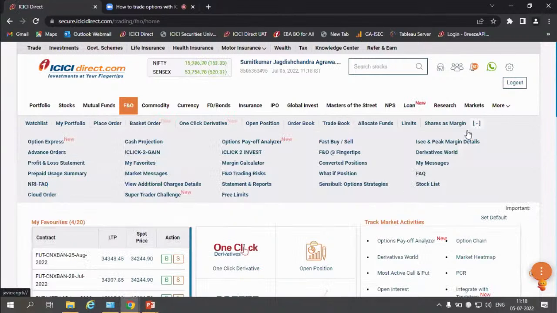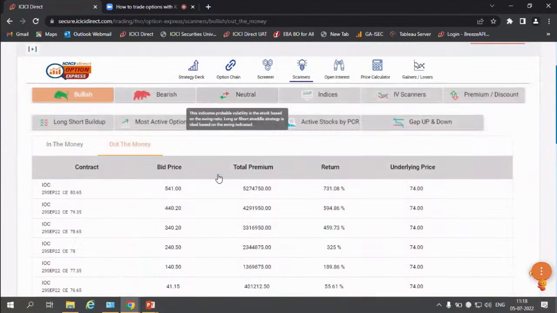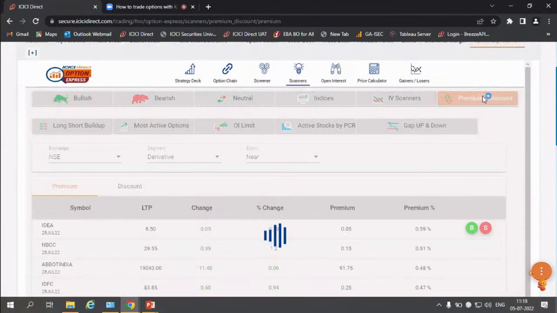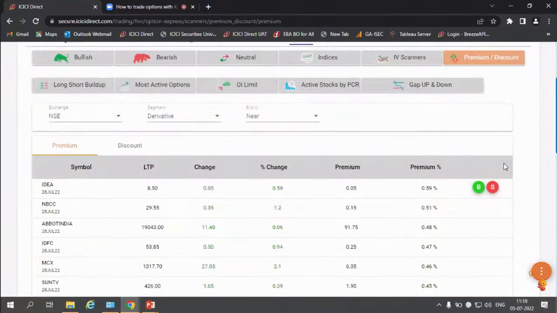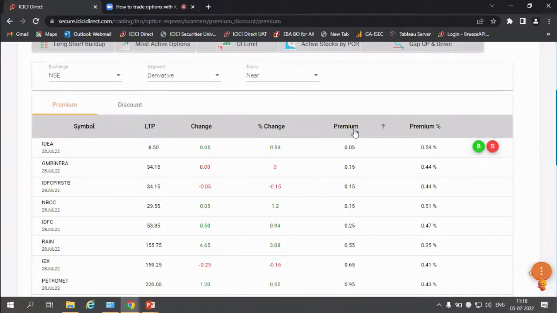So let me go back to the option expense once again. So that was IB scanners. Similarly, premium and discount gives you which particular future is going at a premium and which is running at a discount. You will be able to see here the last traded price, percentage change, and it is at a premium, just by 5%.